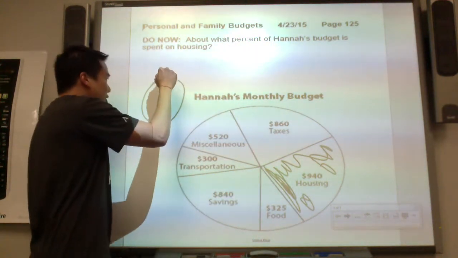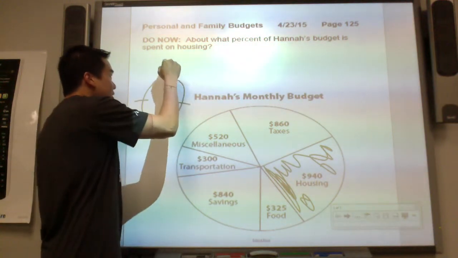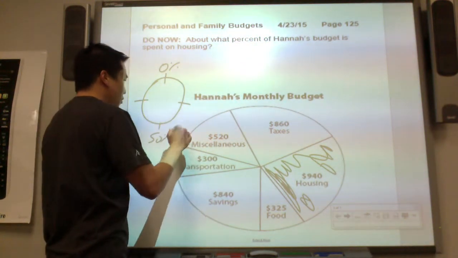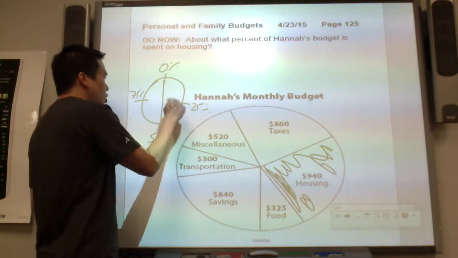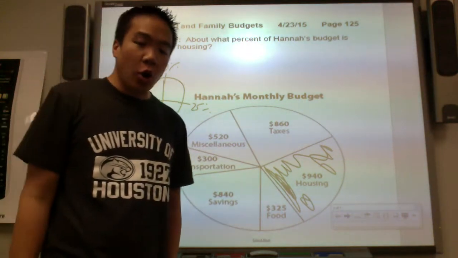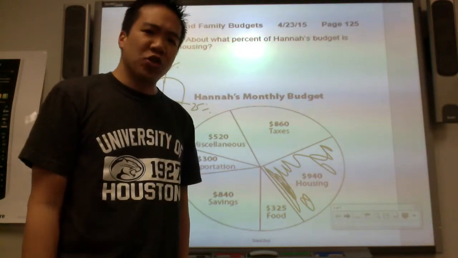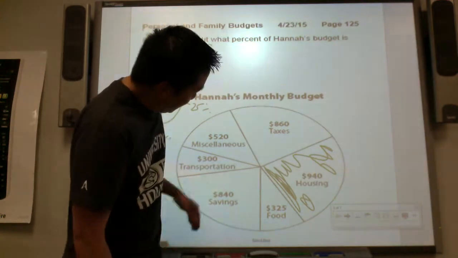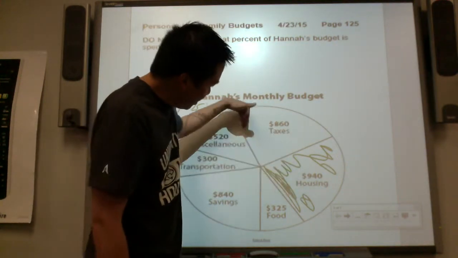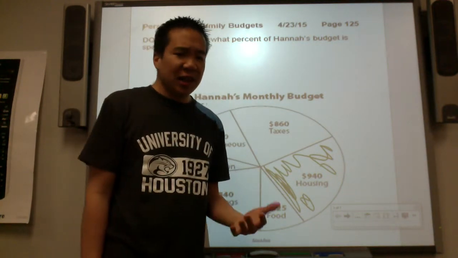In a circle graph, it's divided into fourths: 0%, 25%, 50%, and 75%. So if it takes up 1/4 or a quarter of it, then it's worth about 25%. If I turn my head slightly, did you know taxes and housing takes up about 50% of this?